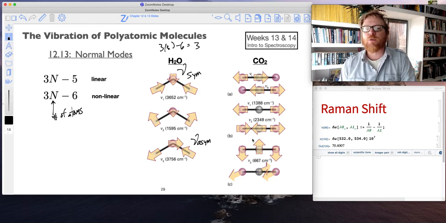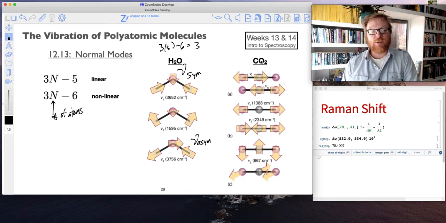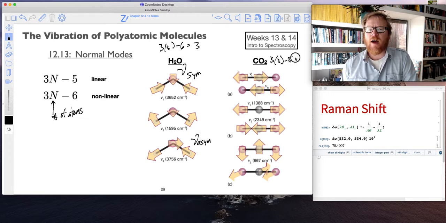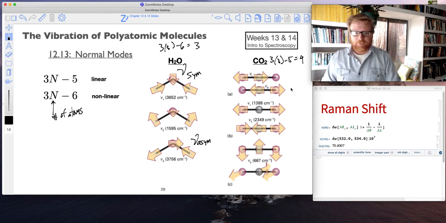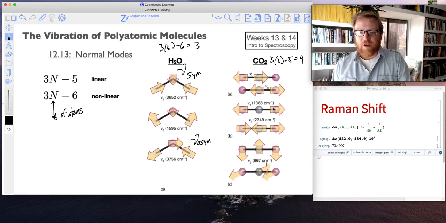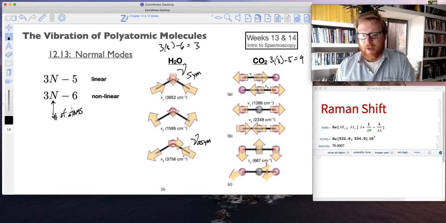If we look at carbon dioxide, we also know it's got 3 atoms. It's 3N minus 5 because it's a linear molecule, and so 3 times 3 minus 5 equals 4. So 4 normal modes for carbon dioxide. We know that there is the asymmetric stretch, which is shown right here.